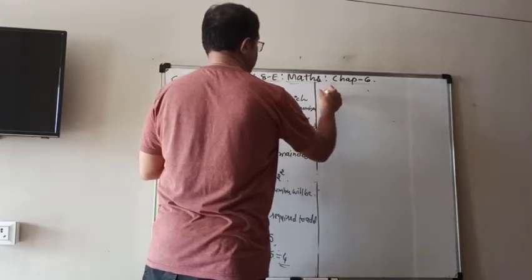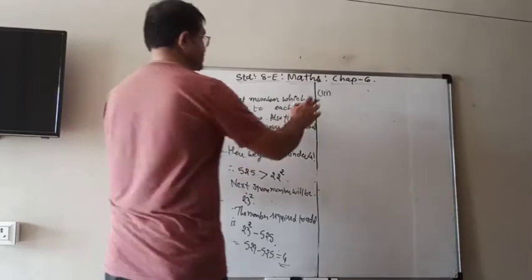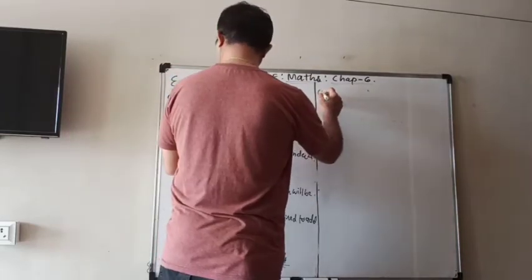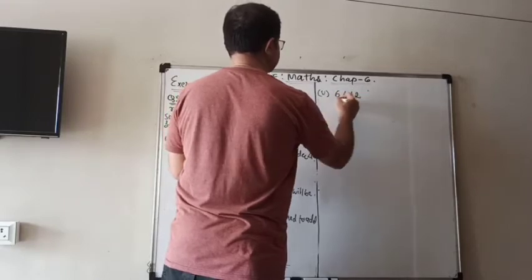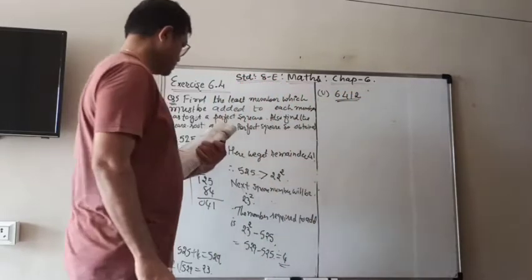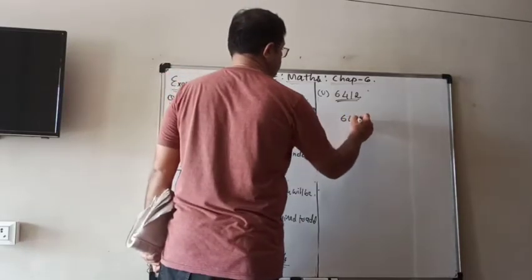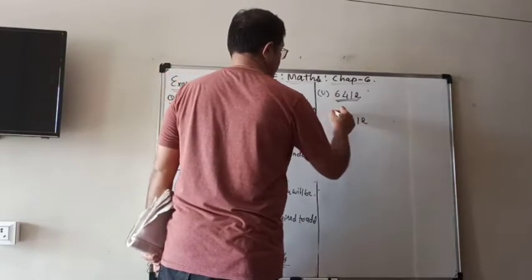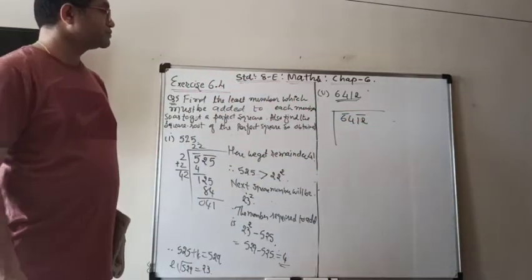Let's take another one, let's take the bigger number, the last fifth number, 6412. So now 6412, we are going to find the square root.